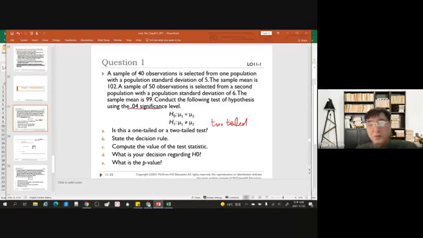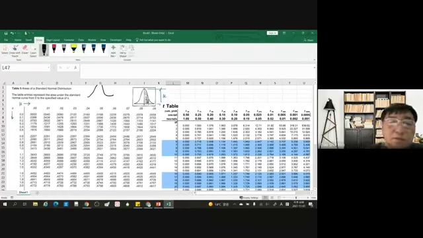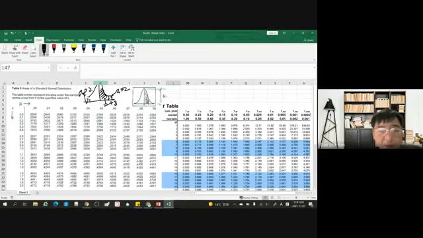We need the standard normal distribution table. Here, in the two tails, this is 0.02 and this is another 0.02. So this area is 0.48. We need to find 0.48. 0.48 is here.